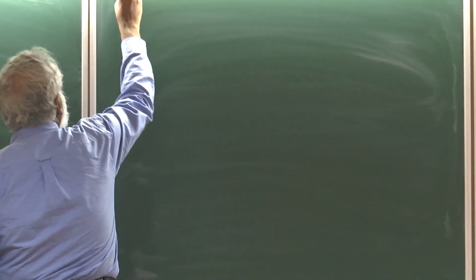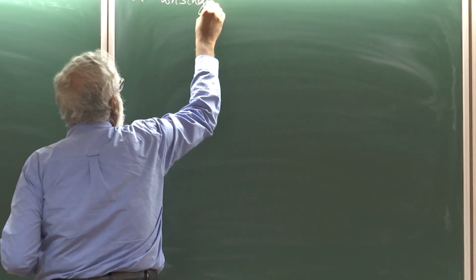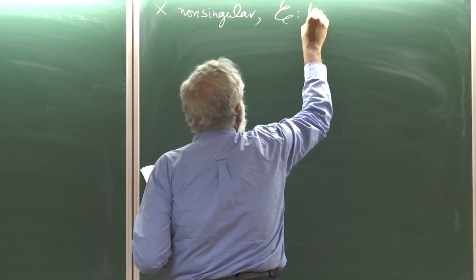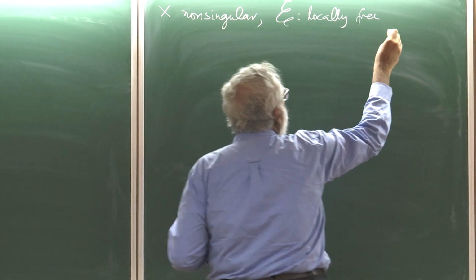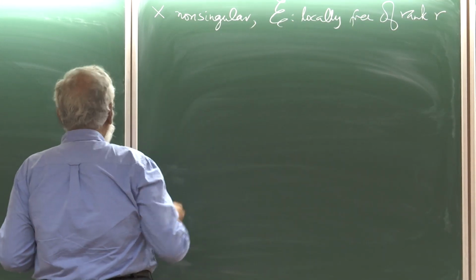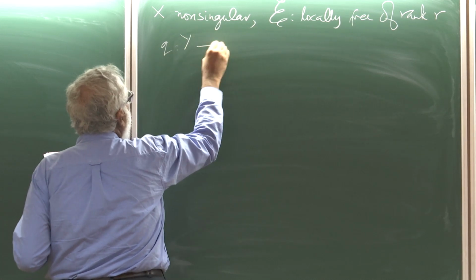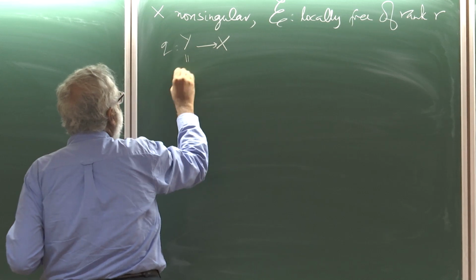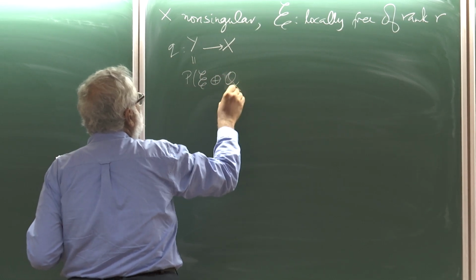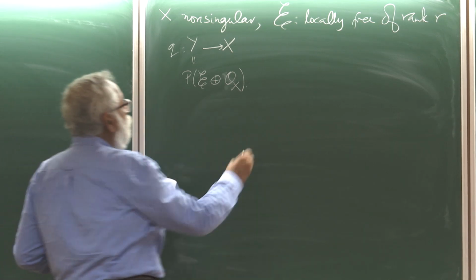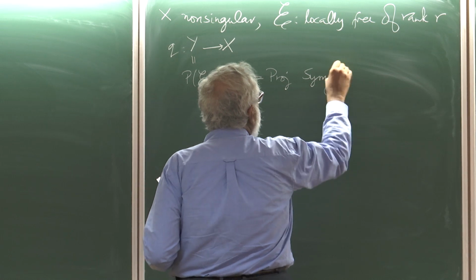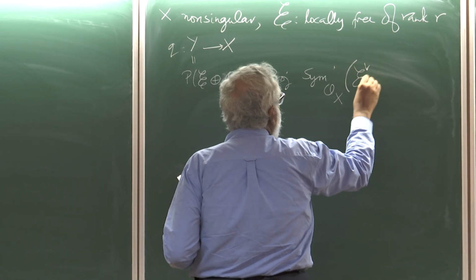So let X be non-singular, E locally free of rank R, and what I'll do is I'll let Q be the projective bundle of E direct sum a trivial line bundle, which is going to be Proj of the symmetric algebra of OX of E dual direct sum OX.